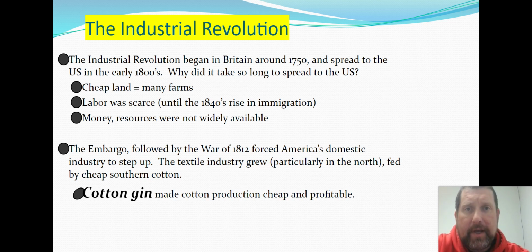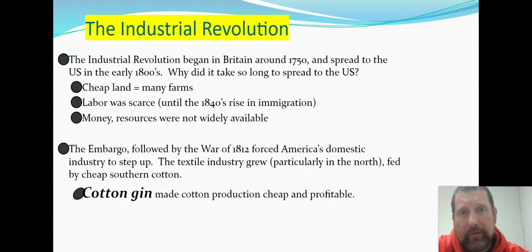Labor was fairly scarce, on the other hand, until we get towards the tail end of time period four, the 1840s. We see a significant rise in immigration and therefore in cheap labor sources, a trend that will continue moving forward. But generally speaking, the money and the resources weren't quite as available in America as they had been in mainland Europe and in Great Britain, so the Industrial Revolution was slow to take foot. Although when it took foot, it was significant.